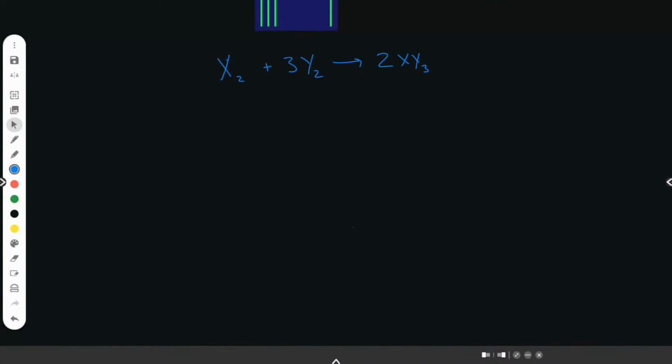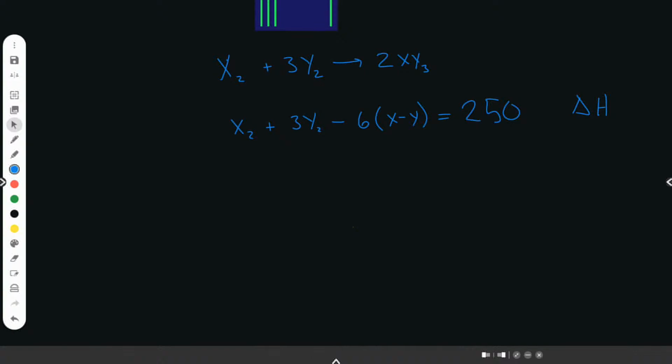So the bonds I break are 1 mole of X2 bonds plus 3 moles of Y2 bonds. Then I subtract away the bonds I formed, that's 6 times XY bonds, and that has to equal 250 kilojoules per mole, because this is delta H for the reaction.